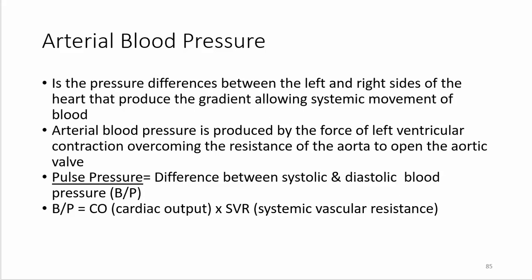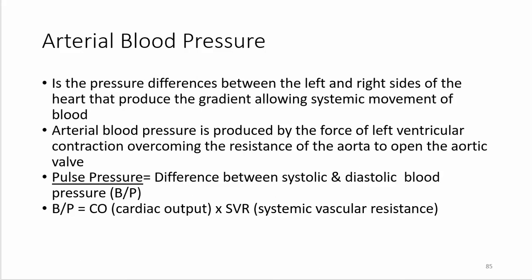But if we rearrange that same formula so that it's CO equals BP over R, we come up with BP equals CO times R. So blood pressure is really the cardiac output times the systemic vascular resistance. That means that if resistance goes up, then blood pressure goes up.